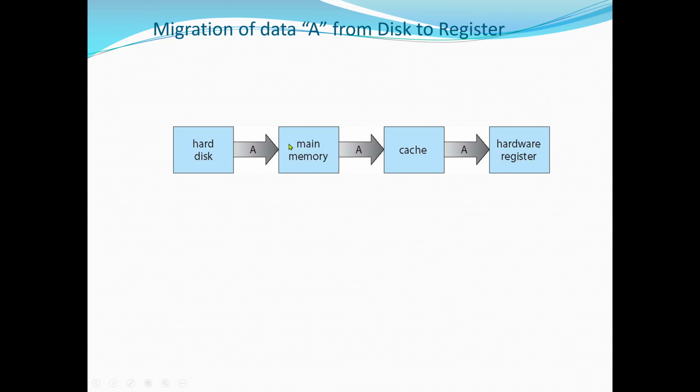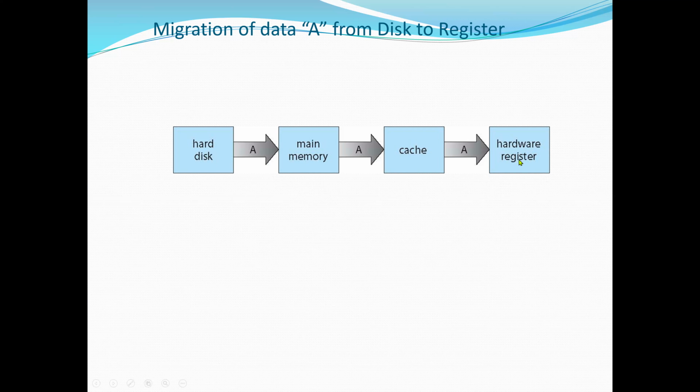That's the only way a running program can access the data. From the main memory, it goes to the cache. Cache is a memory that is closer to the CPU compared to the main memory. Then after the cache, we send it to the register. All these four items are storage devices.